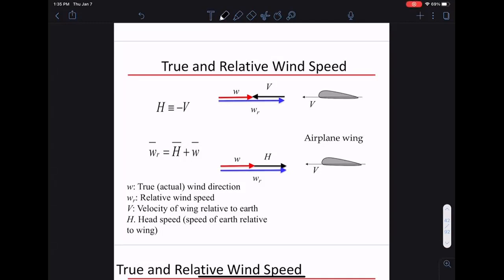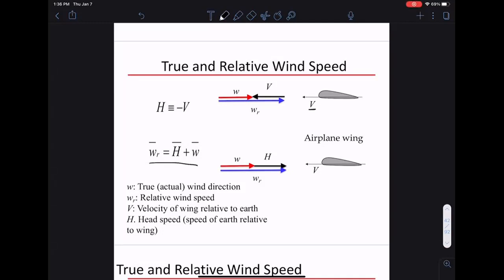Then what we care about is the relative velocity. To make things slightly easier, we'll think of V as the velocity of the airfoil.